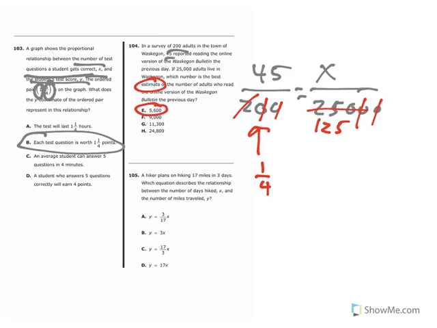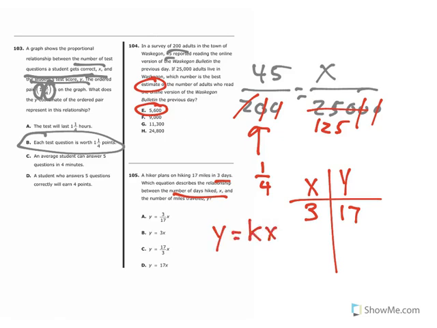All right, the next one, you can make a table, right? X and Y, right? And you could say that if the number of days is X and the number of, right? So, I mean, listen, we can go back to Y equals KX, right? So if you were in 7th grade at all, ever, you probably spent a week on proportional relationships until your brain was numb on it.